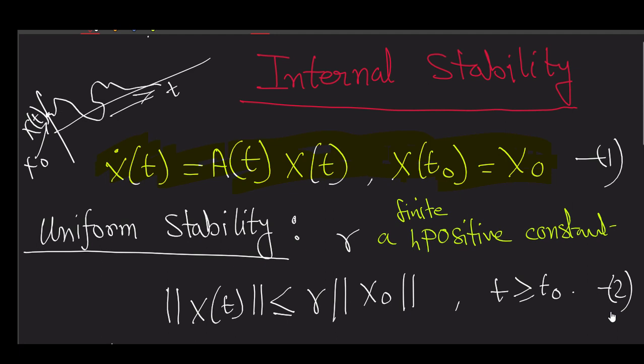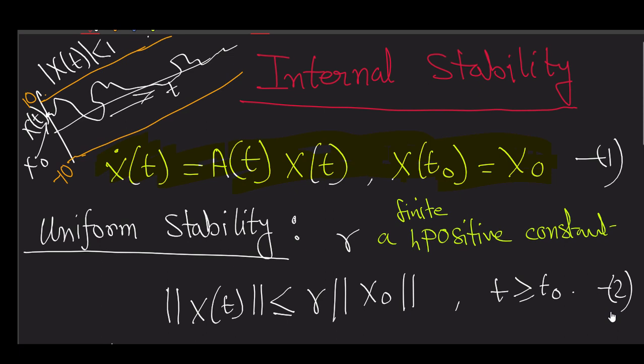We have some curve like this, and in terms of the bound, say this is 10 and this is minus 10. From this curve we can say that the absolute value of x(t) is always less than 10. This bound of 10 is independent of your time.